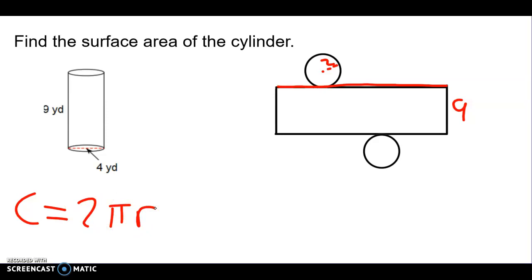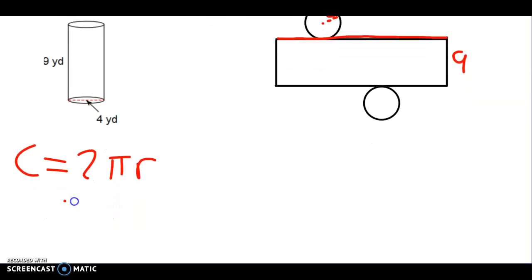So therefore, we take 2 times pi times the radius, which the radius is 2. So in the calculator, we could type in 4 pi, and that will give us a total of 12.56, which for the sake of this, we will round to the nearest tenth, making the width of the rectangle 12.6.